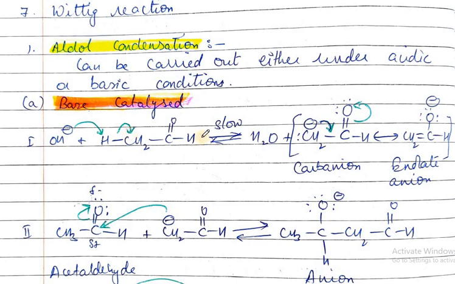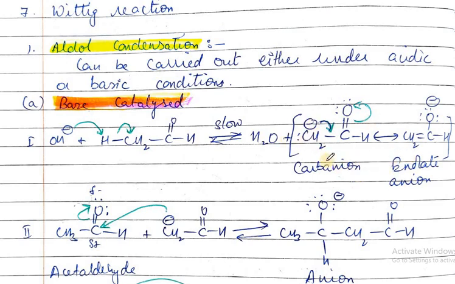So negative charge will be present on the carbon, that is, a carbanion is formed, and this carbanion is resonance stabilized, that is, these electrons can move to this and these electrons to this. So this carbanion is stabilized as an enolate anion, so it has two resonating structures.